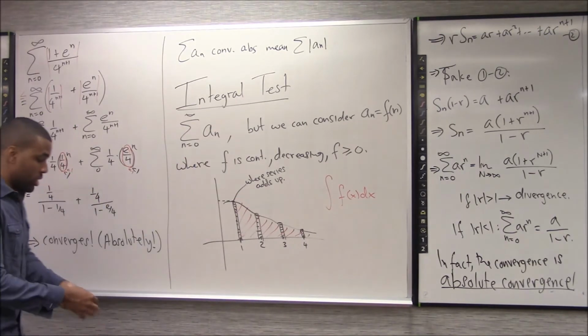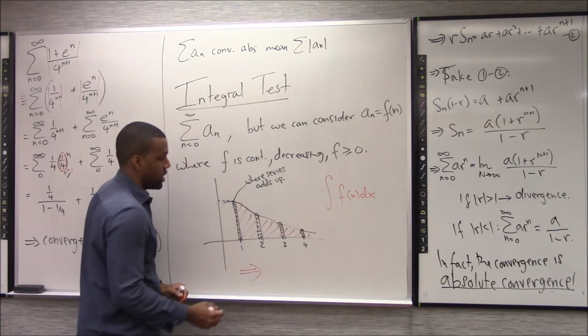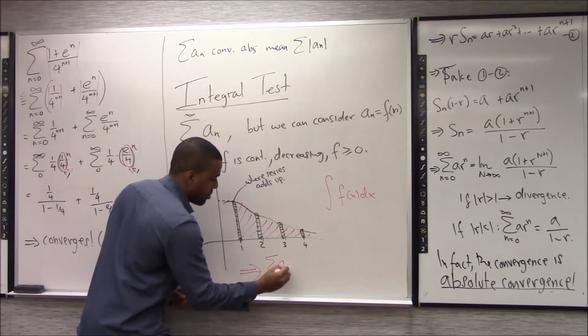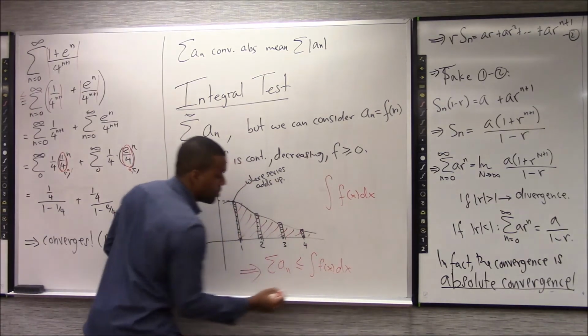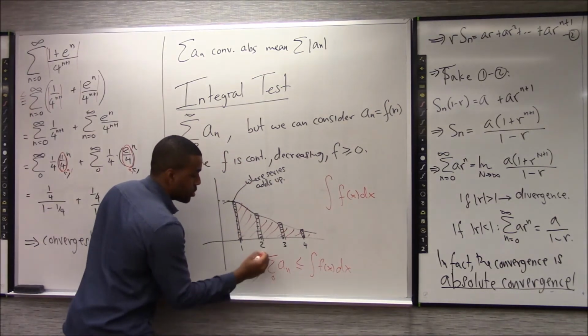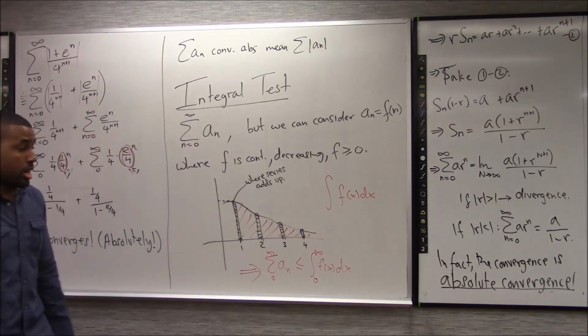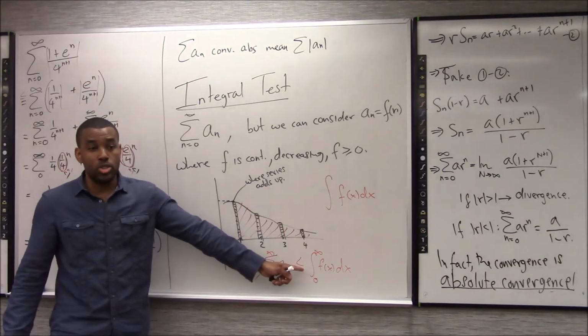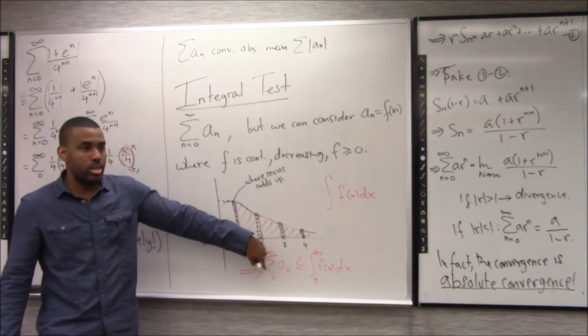So this implies that the sum of this guy will always be less than or equal to the integral. If I start from, say, 0 to infinity, the integral from 0 to infinity is going to be larger. And so if this improper integral converges, it's forcing this one to converge, right?